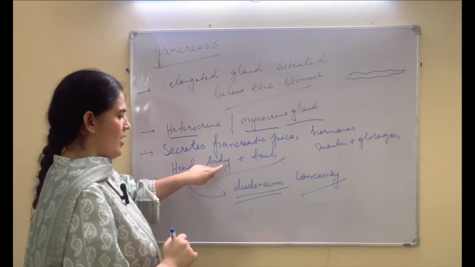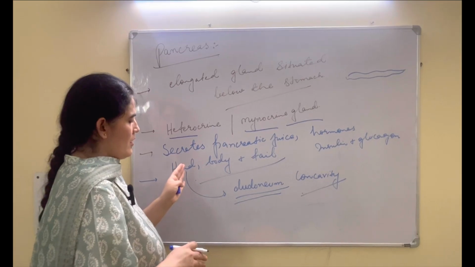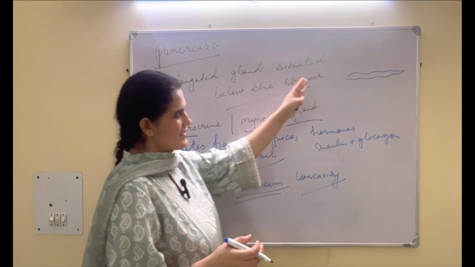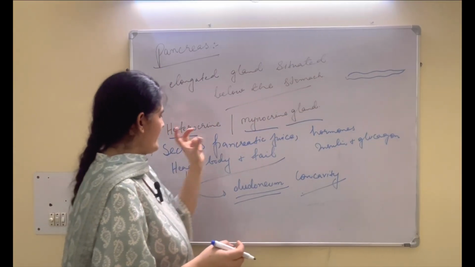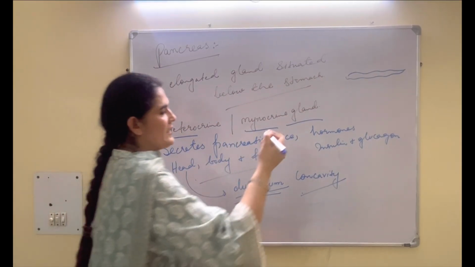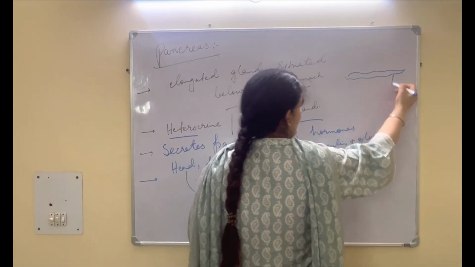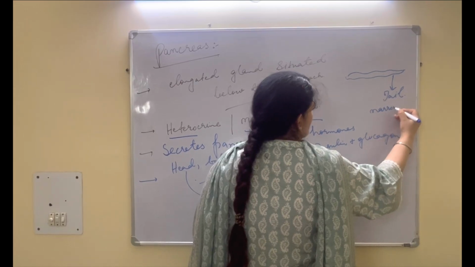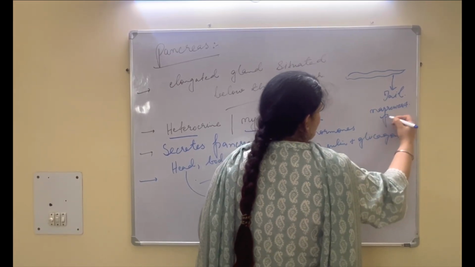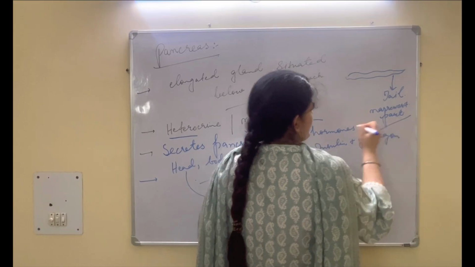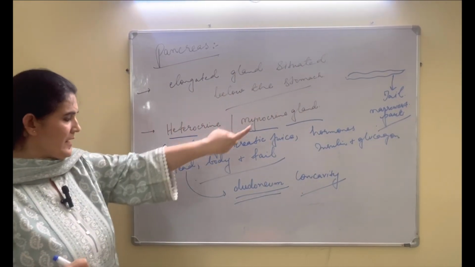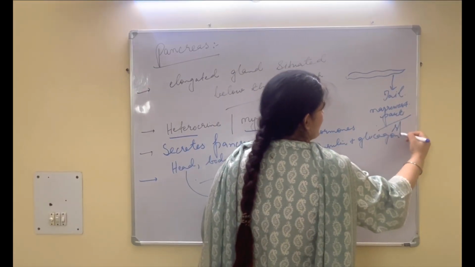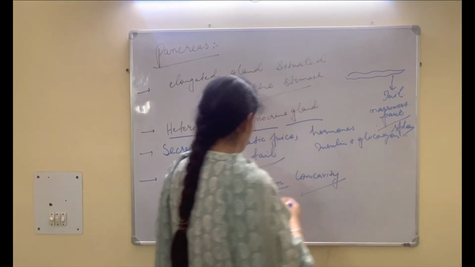Then the body, the middle part, lies between the head and the tail. The tail is the narrowest part, and it lies next to the spleen.